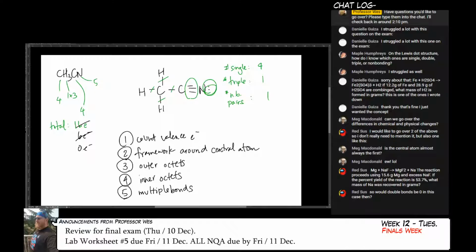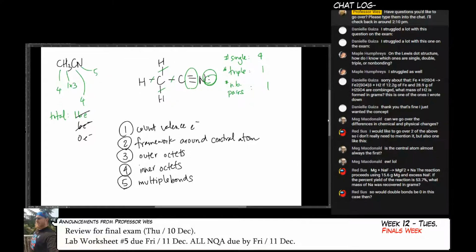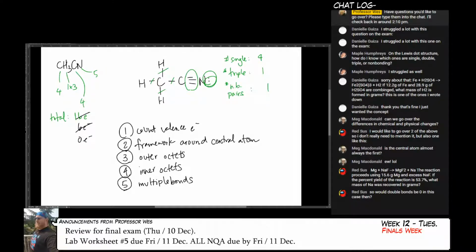Alright, let me do Danielle's question here, but I'm going to pick a different problem. I ran out of space. Hold on. Image size. Let's see here. Not image size. I want canvas size. I always get those mixed up. So anchor at the top, and I want the height to be, we'll make it 500% bigger.